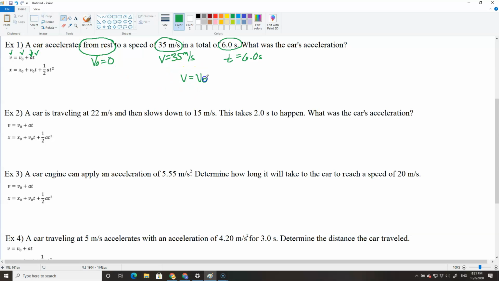So the first equation is going to work perfectly when I want to figure out what is the car's acceleration. 35 is 0 plus a times 6. So that's 35 equals 6a. You divide out the 6. 35 divided by 6 will yield 5.83. So 5.83 meters per second squared.